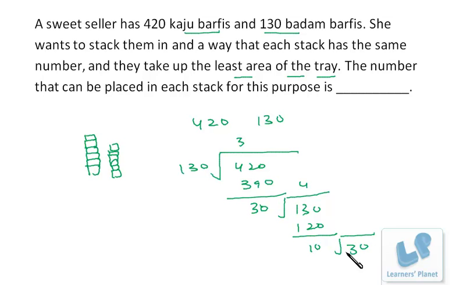Then 30 divided by 10, 3, 30, 0 as remainder. That means 10 is the HCF, right? So in each stack we should place 10 burfis. That means 10 burfis like this. Then on the other stack 10 burfis, something like this. Okay, so they will take the minimum area of the tray, right? And each stack will have the same number.